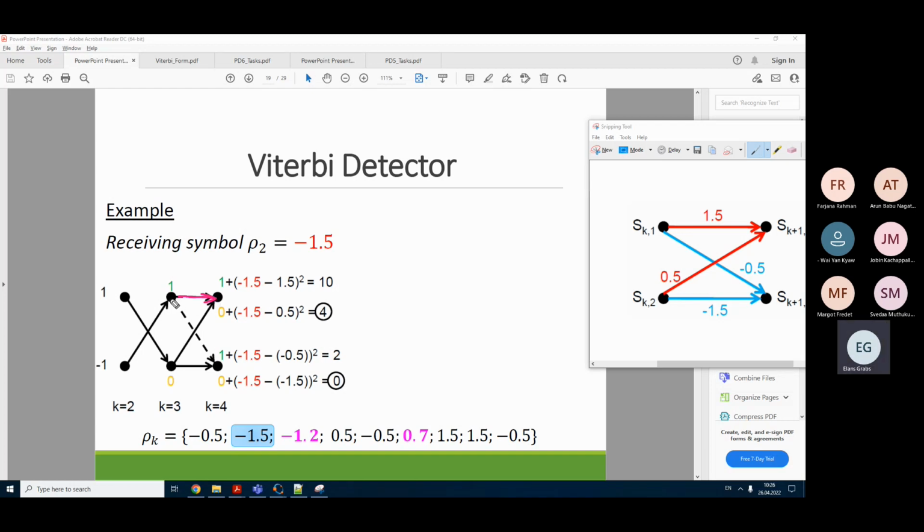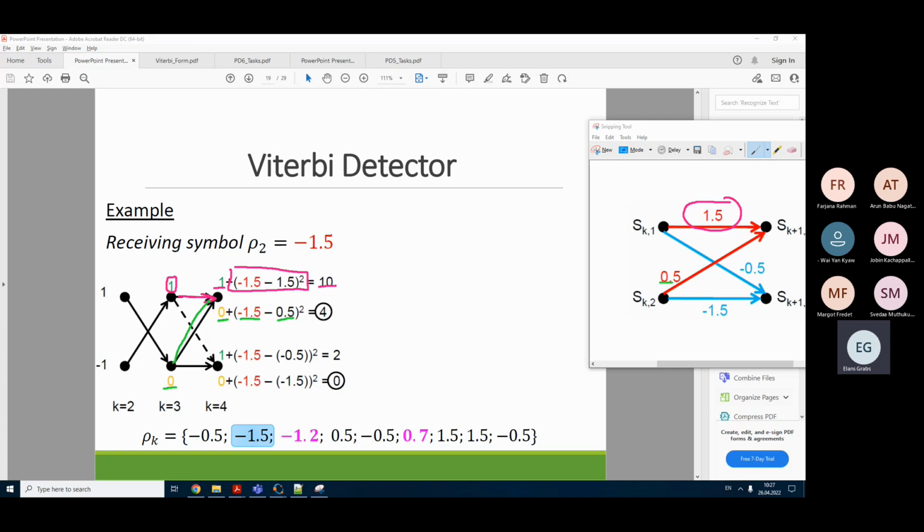This transition comes from the first state where we had a weight of 1. So this 1 adds the received symbol minus the expected value, so a new metric calculation, and they are added up together. So here we have 10. For the next step, when we calculate the next transition here, we originate from the state with 0 metric, so here we have 0 plus, similarly, the difference between what we have received and what we should have expected for this transition specifically.